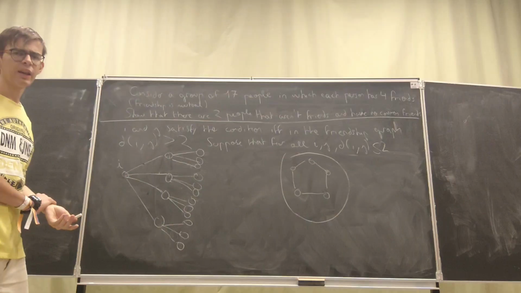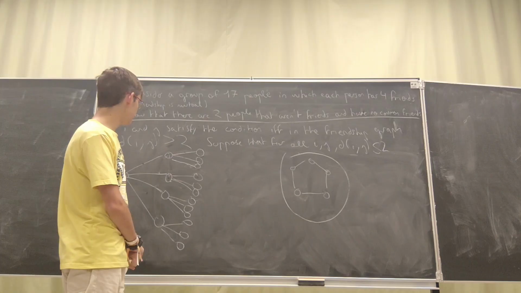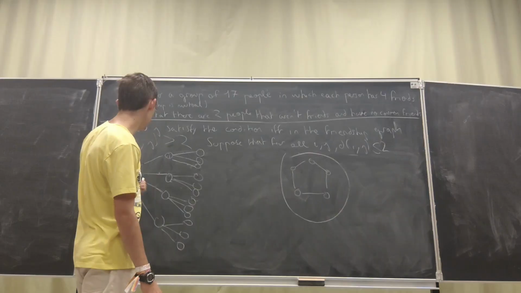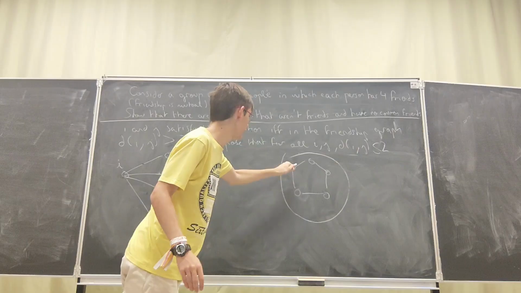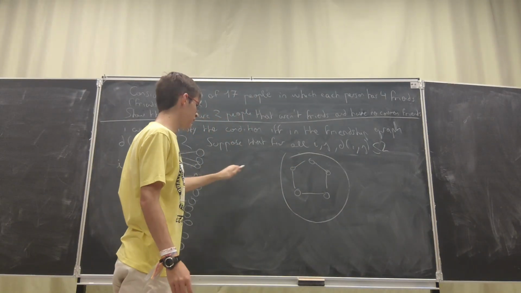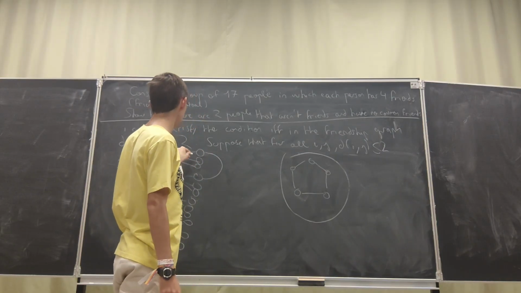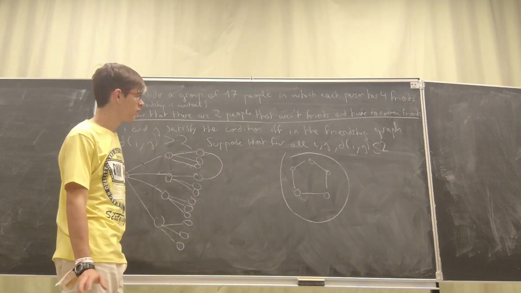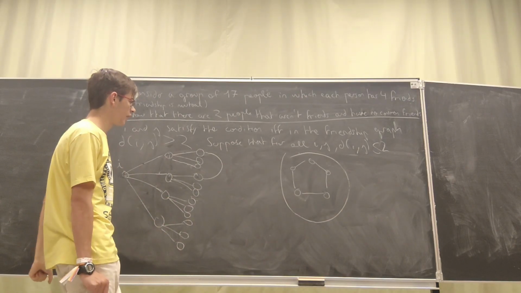Well, this time we can't rule out the possibility that a 5 cycle exists, right? I mean, here we just have this guy's friends, then they both have two different friends, and this is just saying us that, for instance, this guy is friends with this guy. This would create a 5 cycle in our graph. Well, this is entirely possible. So we can't rule out that 5 cycles exist.